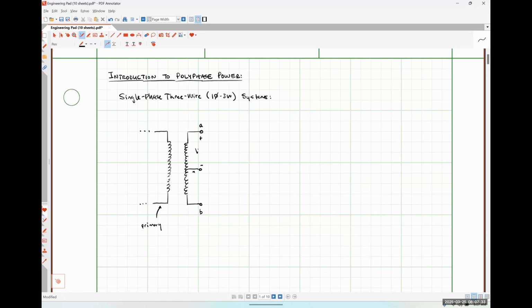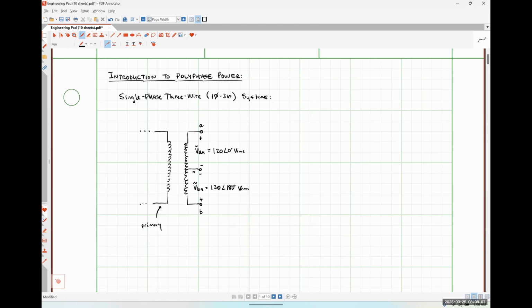So I might call this voltage VAN, like so, where VAN would be 120 angle 0 degrees volts RMS. And then I'm going to define a voltage here that I'm going to call VBN. And it's going to be 120 angle 180 degrees volts RMS.